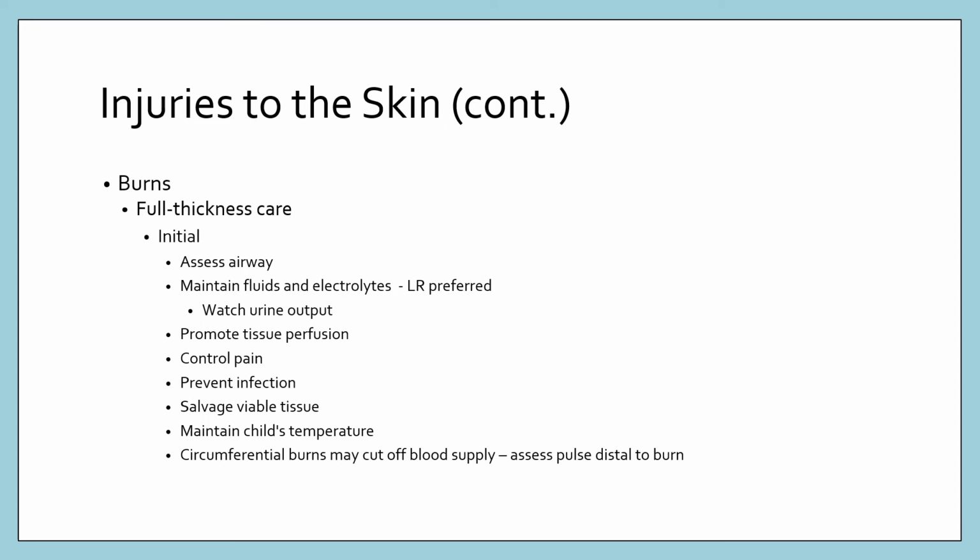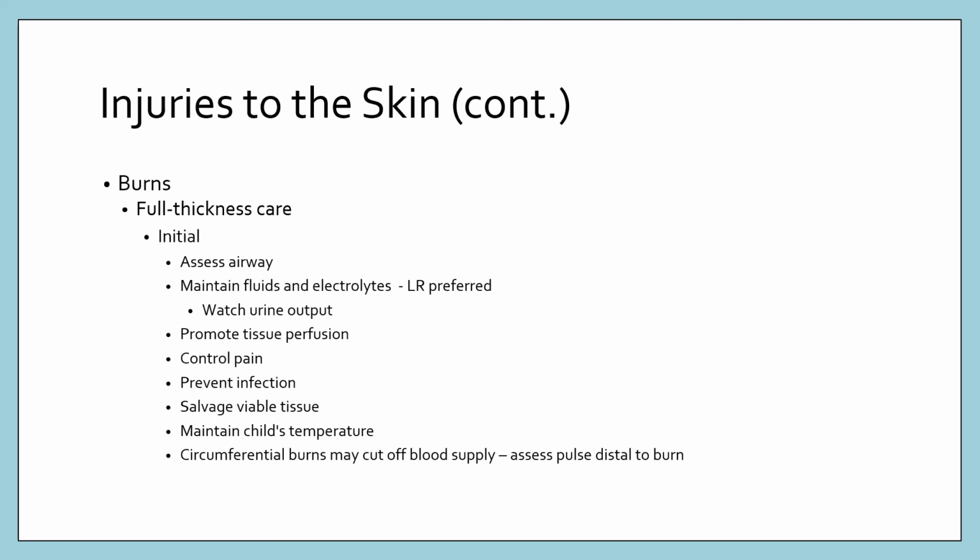But the next thing is, because of the heat of the burn, all the fluid can be gone from that area, and fluid from the rest of the body rushes to make up for the deficit. So there's fluid shifting going on in the body. So after airway, the next thing we're most concerned about is fluid balance and electrolytes.